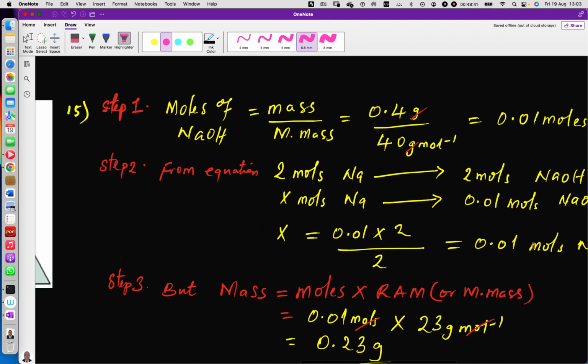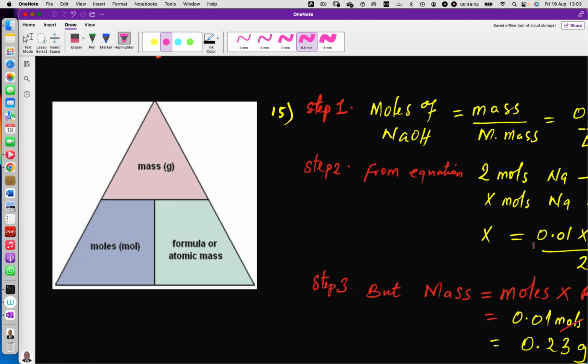Now, going back to our formula triangle, to have the mass, it will be moles times the atomic mass or the relative or molecular mass. To have the mass of any substance, you multiply the number of moles by the molar mass.